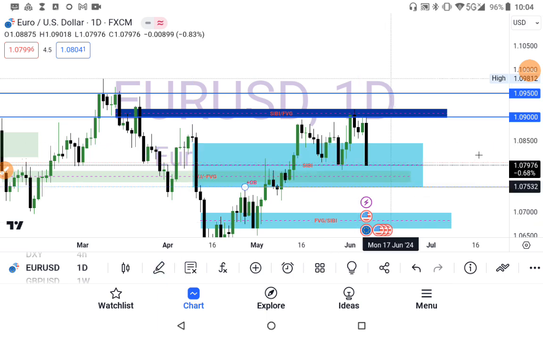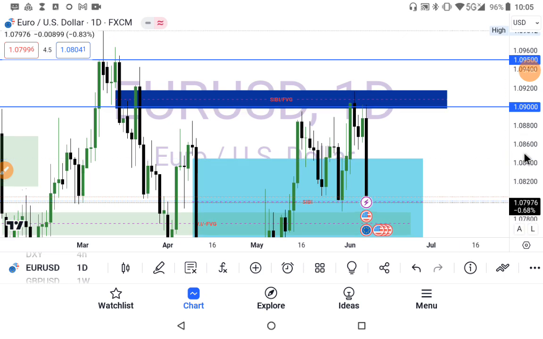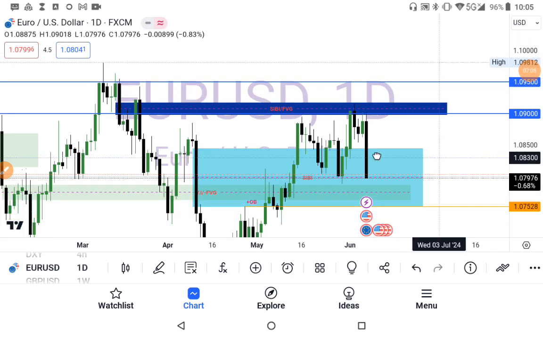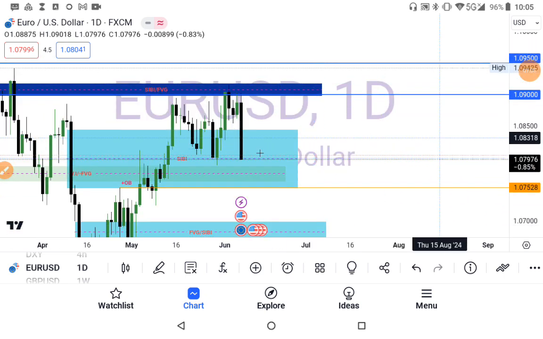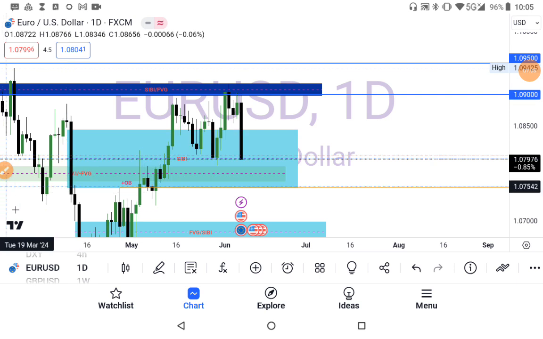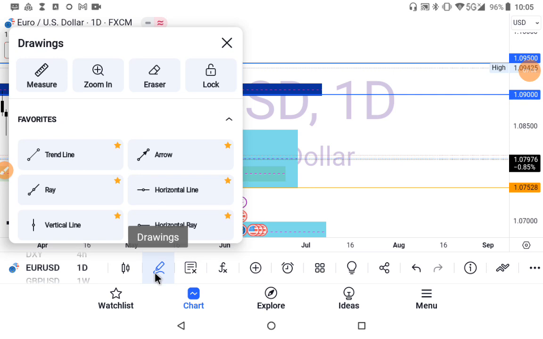I'll be watching out for how the market will react at around 1.08500.